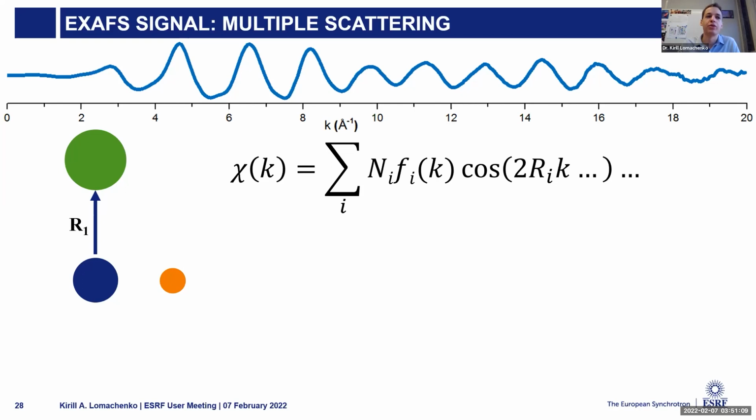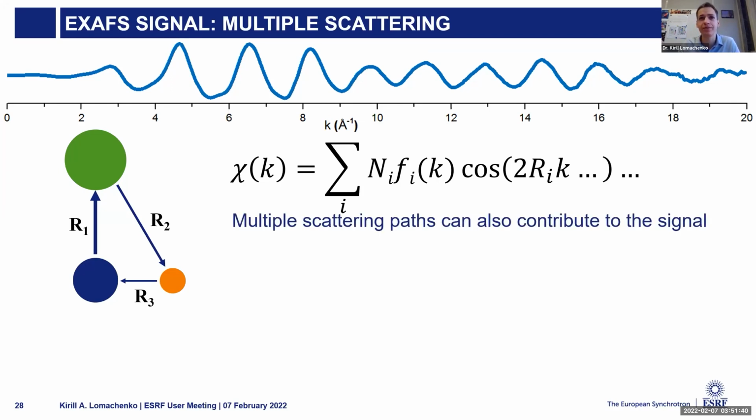Part of it goes back to the blue atom and we see the single scattering, but part of it goes to the orange atom, which is at R2 distance, and then it gets scattered from the orange atom, and then it goes all over again, and some fraction of this doubly backscattered wave goes back to the blue atom. So we can see sometimes the contribution from multiple scatterings, the scattering that contains multiple neighbors.